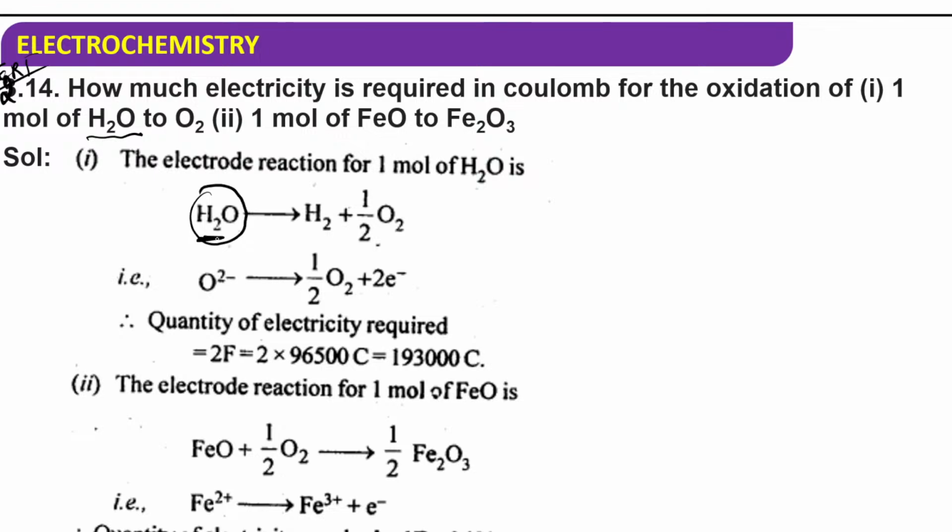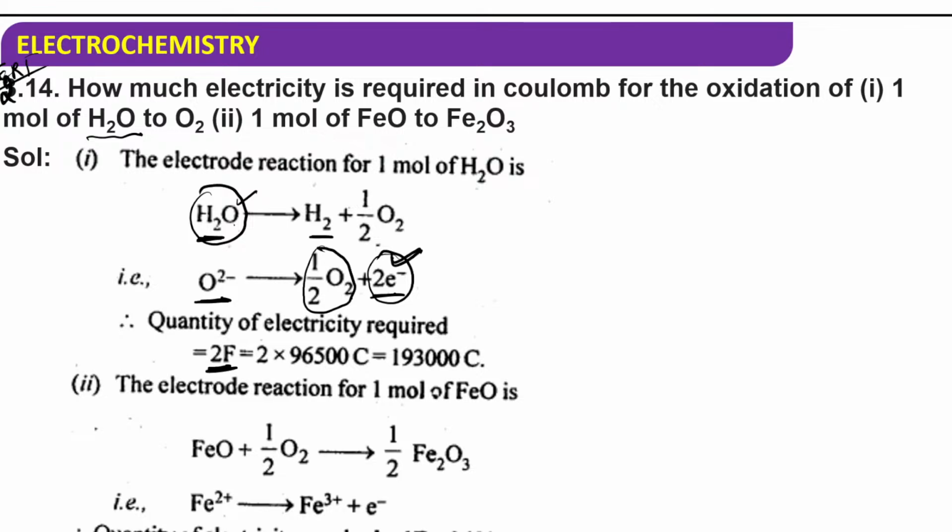So hydrogen 1 mole and oxygen we get half mole. So to get this half mole of O2, we need 2 electrons. O2 negative ion will give half O2 plus 2 electrons. So quantity of electricity required is 2 Faraday. That is 2 into 96,500 coulomb. That is 193,000 coulomb.